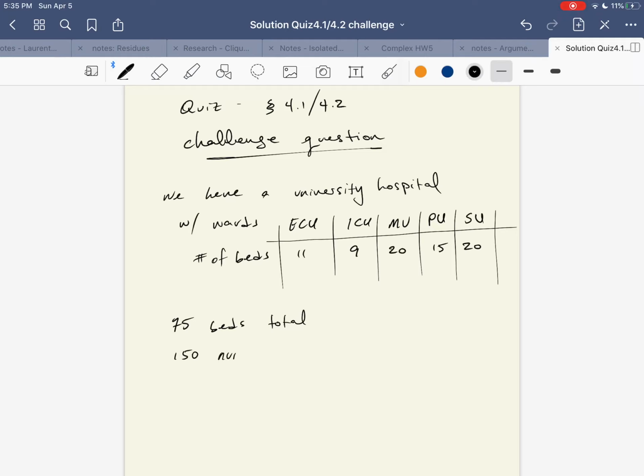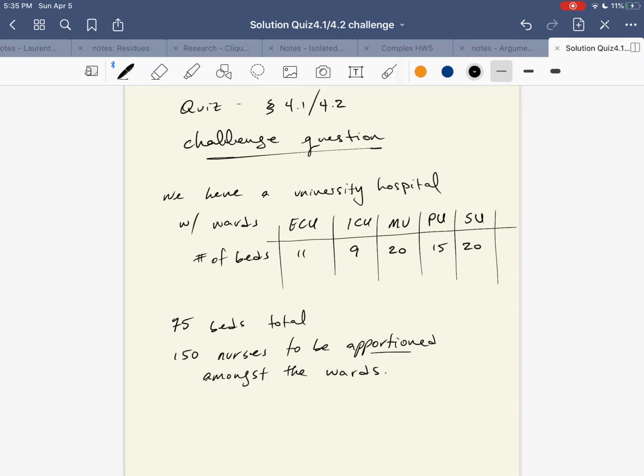150 nurses to be apportioned amongst the wards. This is kind of the trick: as soon as you see the word apportioned, you know that the nurses are like the seats, because what do we apportion?